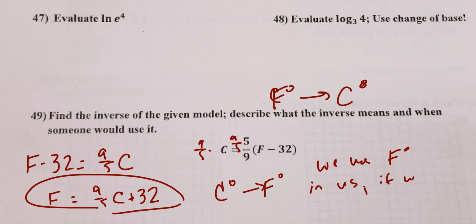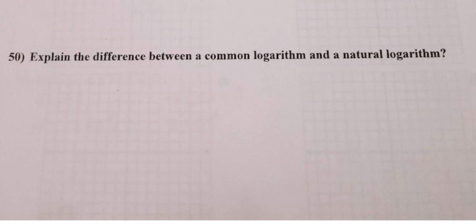If we visit another country, we might need to change. Because 35 degrees Celsius might not mean much to us, but if you change it to Fahrenheit, it would mean a lot.